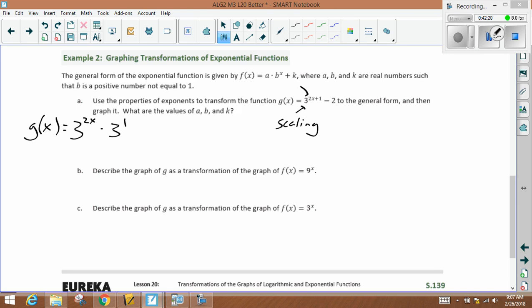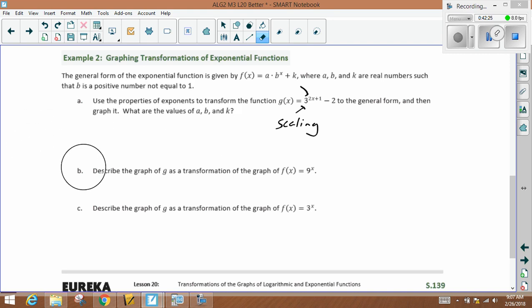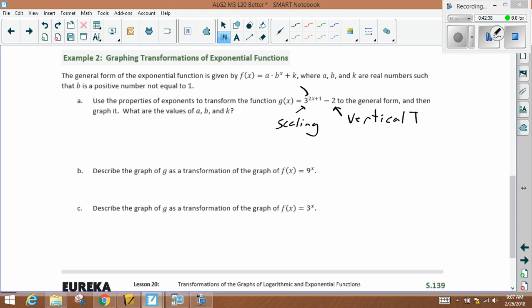I'm not sure that was helping. Sorry, that's not helpful. There we go. This is a vertical translation. And then we'll also have some scaling for this. It's true. All right. Try g as a transformation.